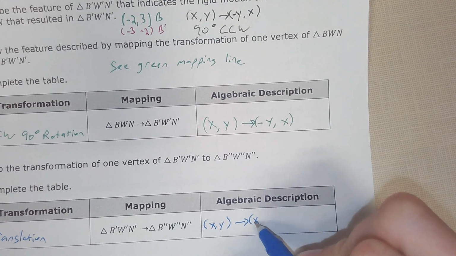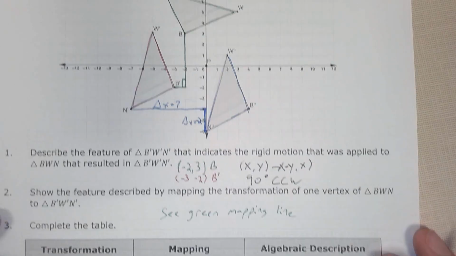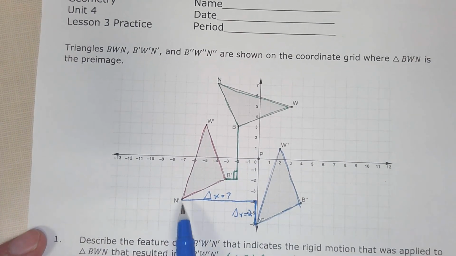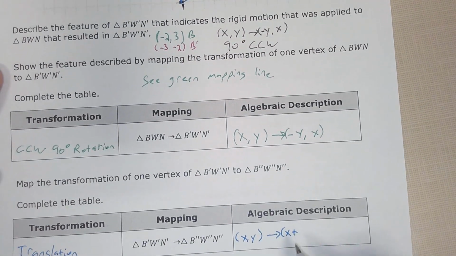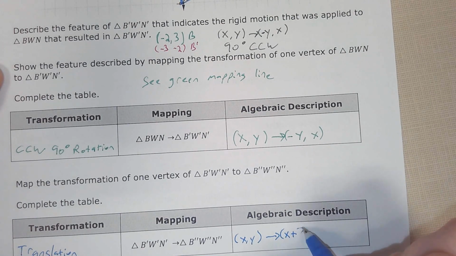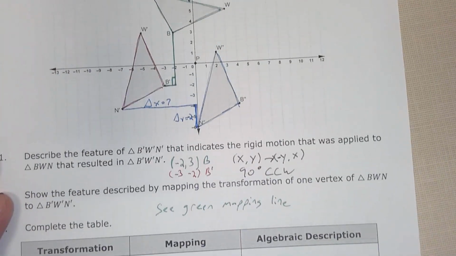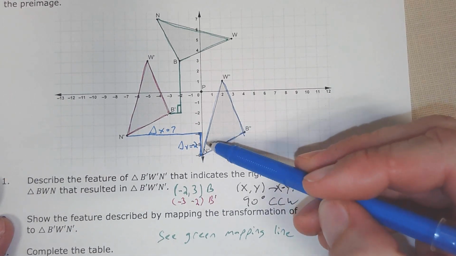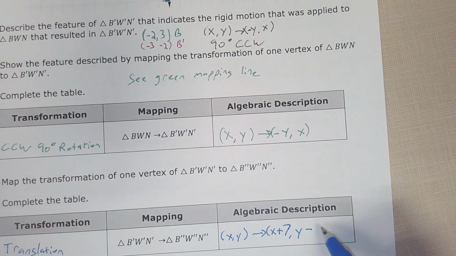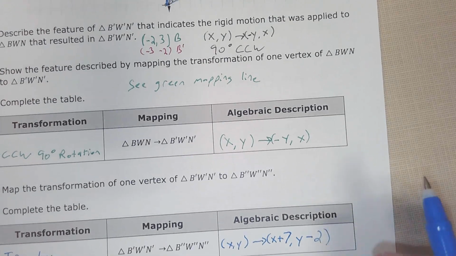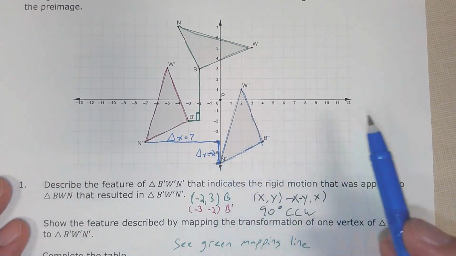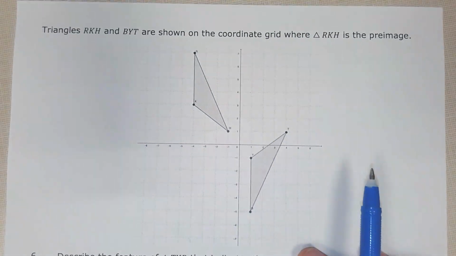So it's going to be x plus 7, because my x went from negative 7 to 0, it got added. And y is going to be minus 2, it went down from negative 4 to negative 6. That's applicable to any point on this anywhere. All right, so moving on to the next set.